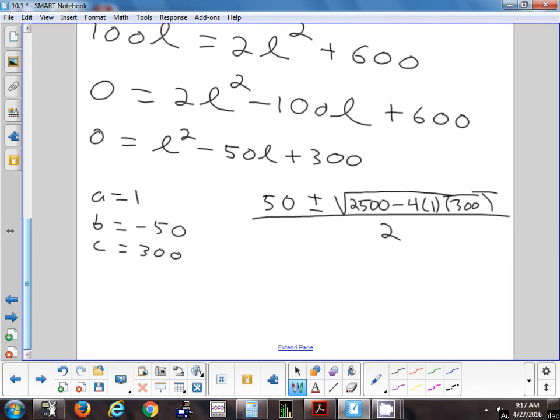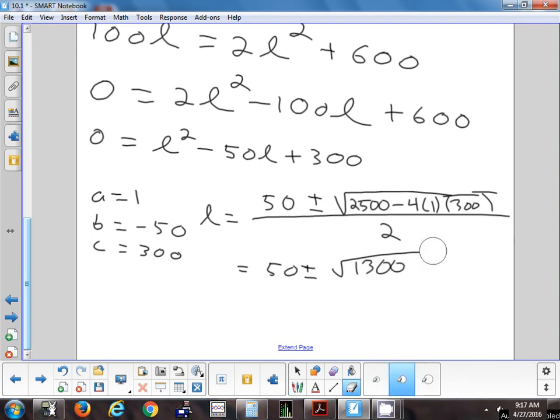And when we're done, we will know the length. All right, so let's do out what we can. 4 times 300 is 1,200. What's 2,500 minus 1,200? Yep, 1,300. All divided by 2. Okay, at this point, I need my calculator.